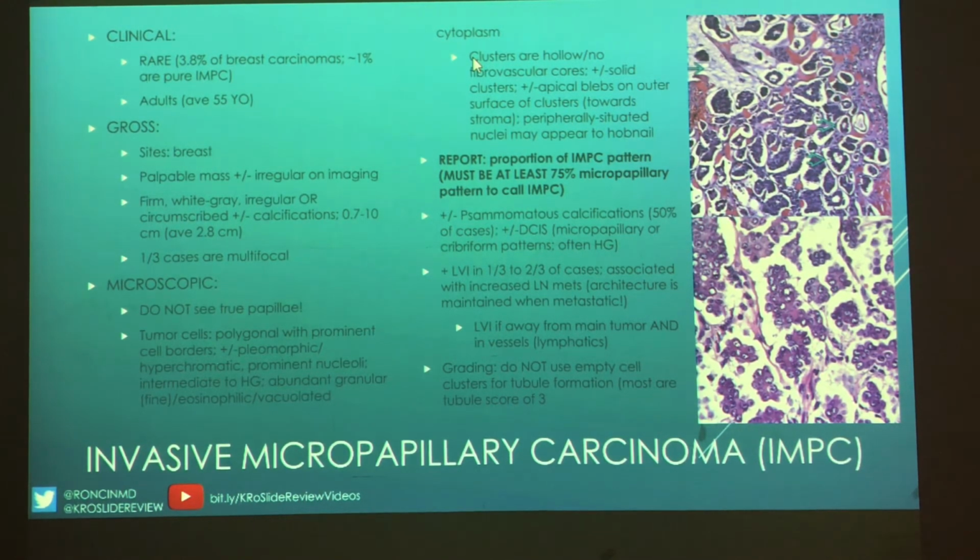They may have calcifications, not always, and they tend to be a relatively good size, about 2.8 centimeters on average, but up to 10 centimeters, so you can imagine how firm that breast would be when you get the sample. And a third of these are multifocal. Multifocal means you have distinct separate lesions with normal breast in between.